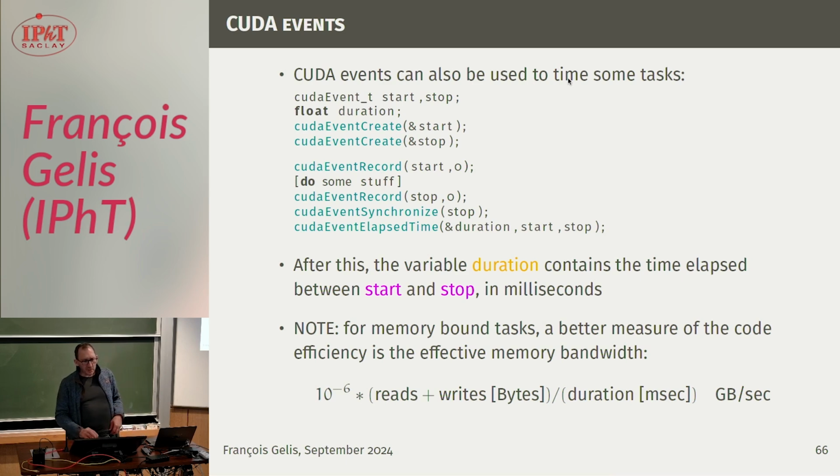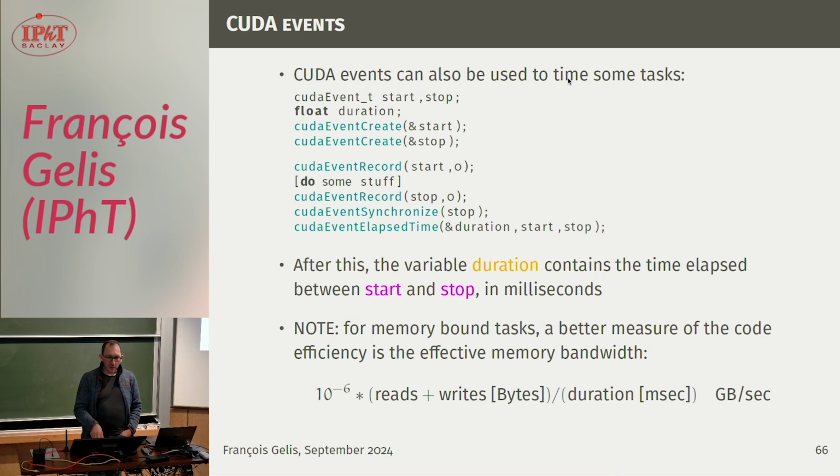One thing I didn't mention is that this variable of type CUDA event has a field that is a timestamp, and the timestamp is updated by cudaEventSynchronize. So when cudaEventSynchronize returns, the timestamp inside these variables will be set to the time when the tasks have finished.